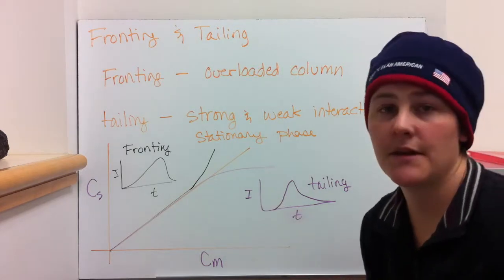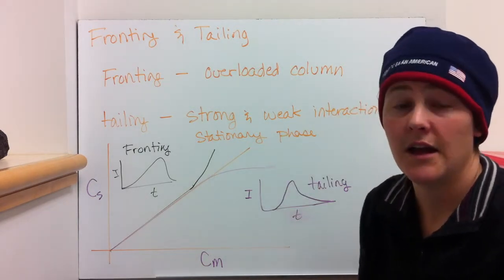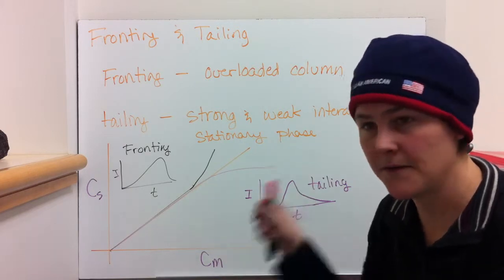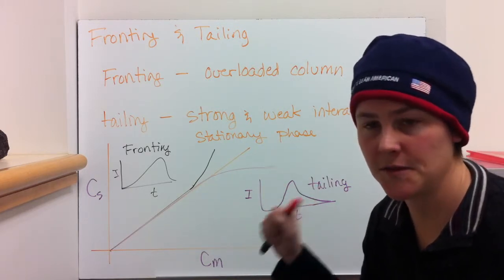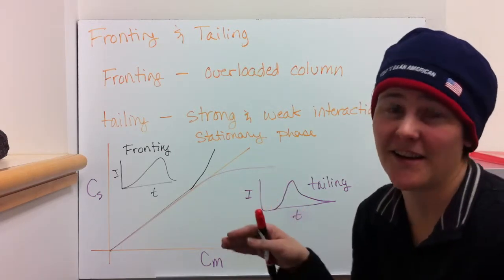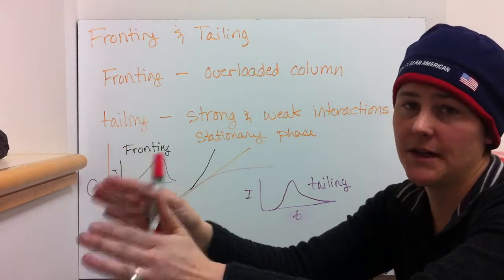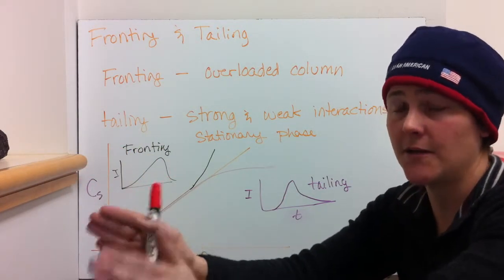Fronting has to do with if you overload your column. If you put a bunch of solute in there and it's all moving through, some of the solutes are having the normal interactions with the stationary phase, but some of them are stuck in the middle. It's like being stuck in a crowd, and they're just getting pushed through without having the opportunity to interact with the stationary phase as frequently.